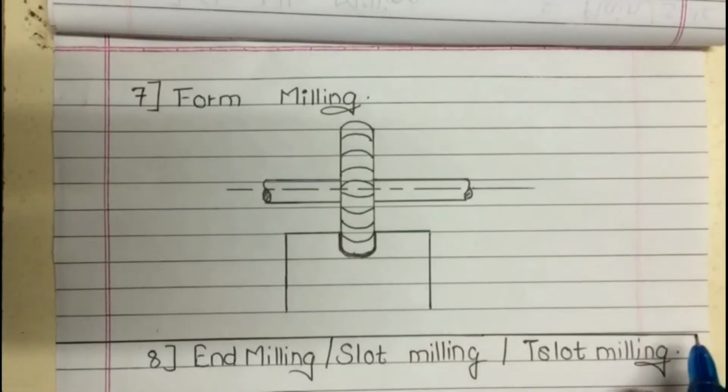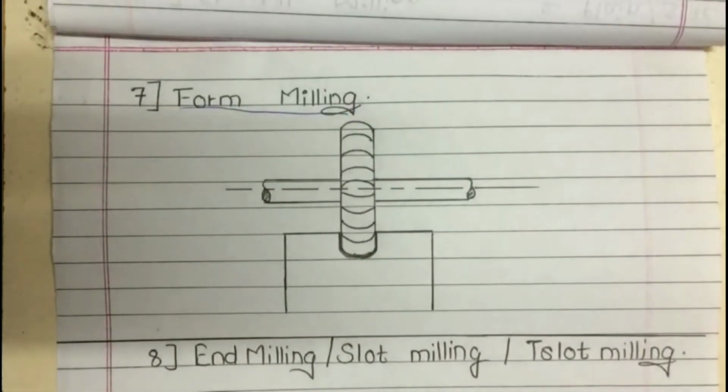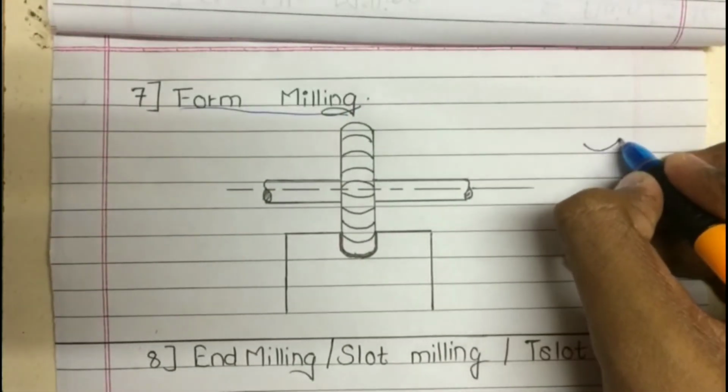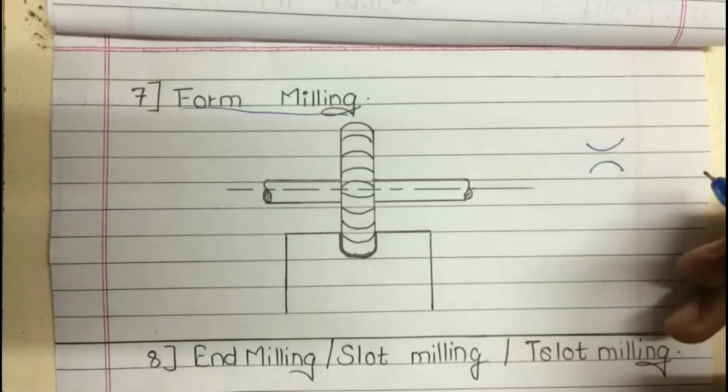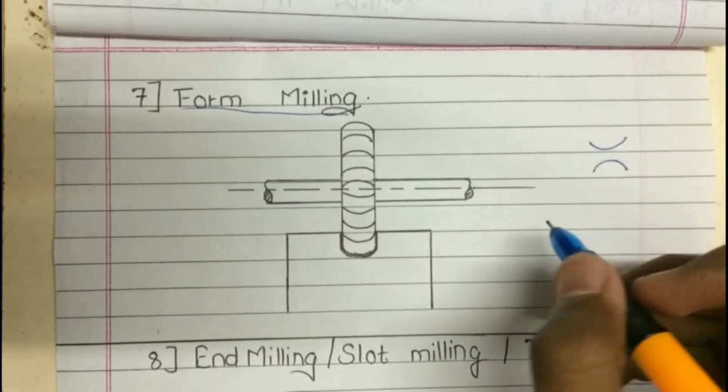Now we will see the seventh operation, which is form milling operation. This operation is used for producing concave or convex surfaces by using form milling cutters.